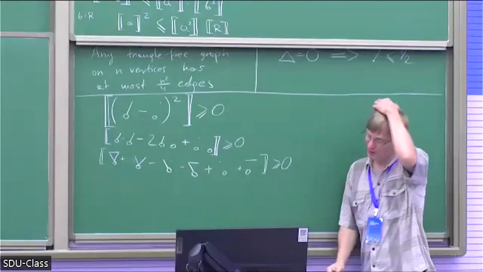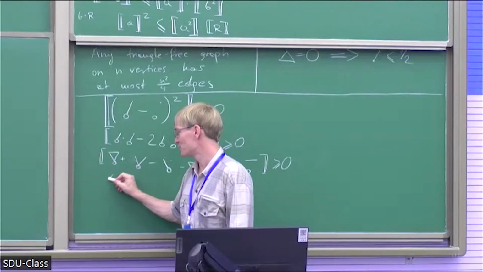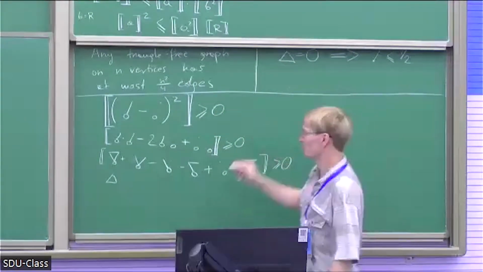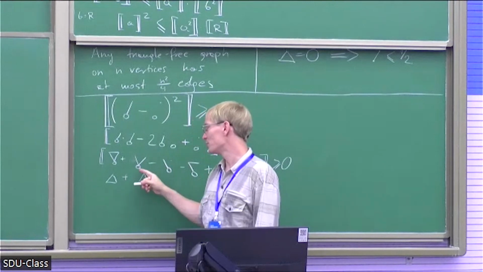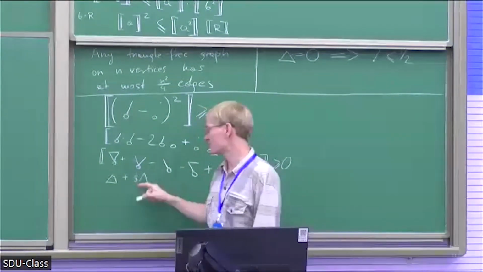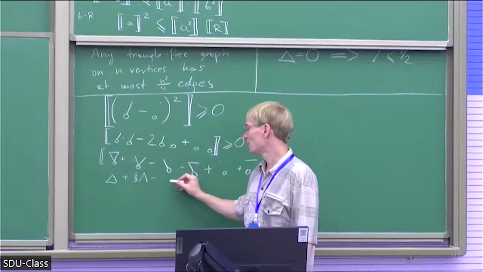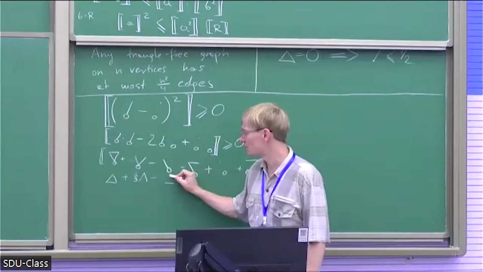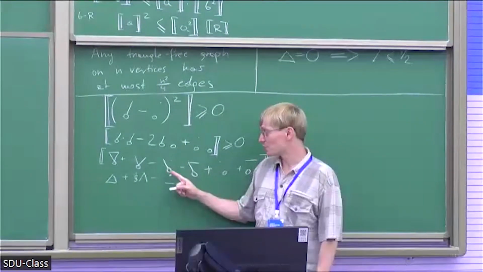Okay, so now averaging. Averaging this gives me just a triangle, and the coefficient is 1. This is already what we did. From here, I get a cherry with coefficient 1/3 because there is one option out of 3 to choose the root. Here I get the complement of a cherry, this 3 vertex graph with 1 edge. And what's the coefficient?